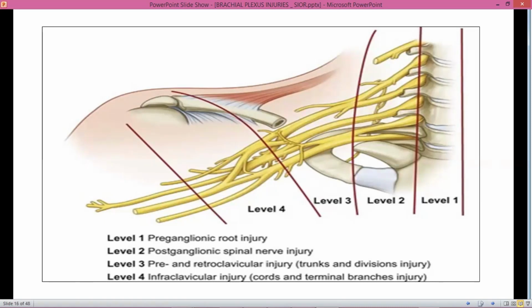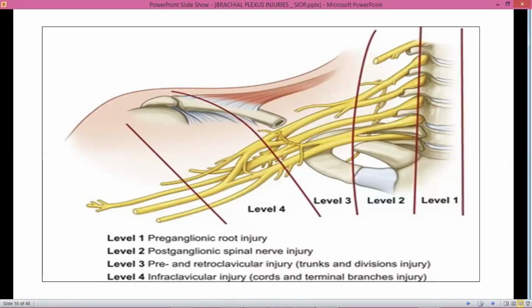Now, there is a further classification of postganglionic injuries, whether it is a supraclavicular or an infraclavicular injury. If the injury is retroclavicular, behind the clavicle, it means the structures involved are behind the clavicle, and mainly the trunks and the divisions are injured in such cases.